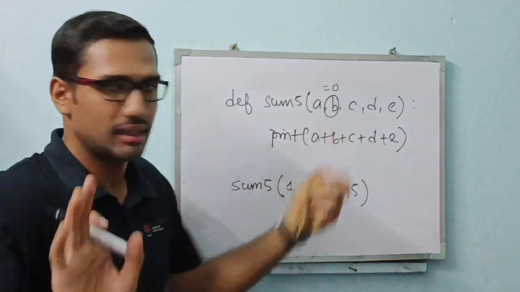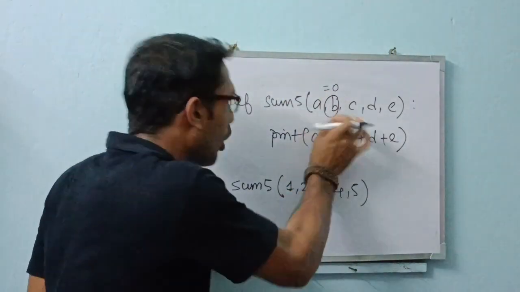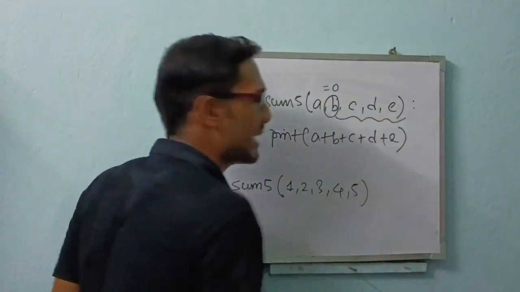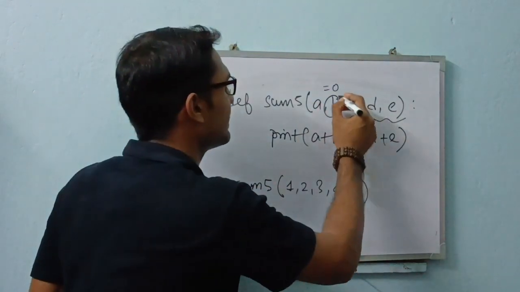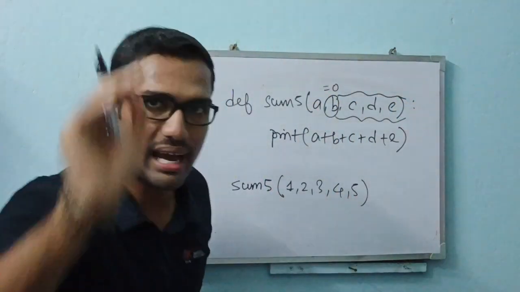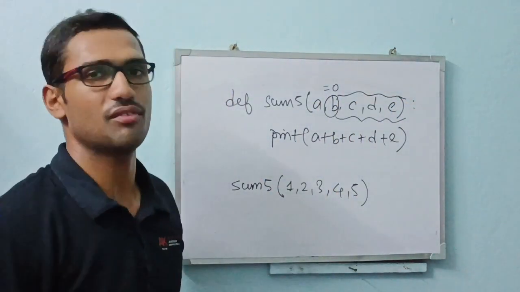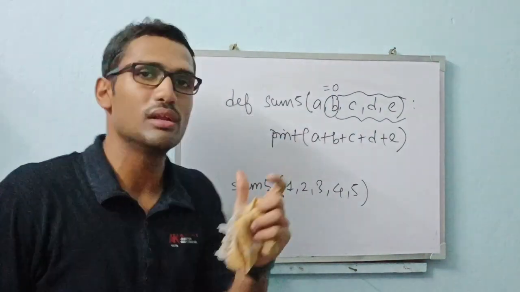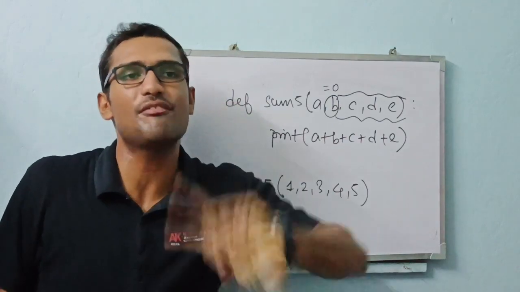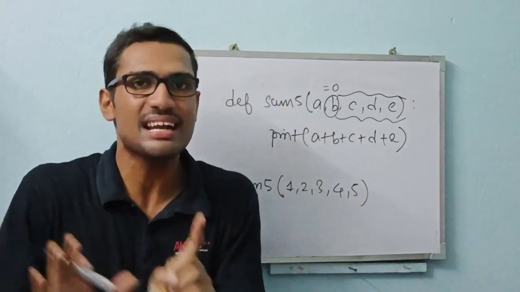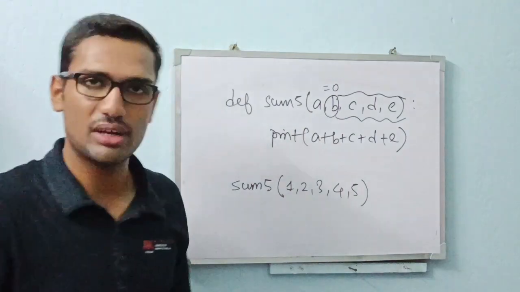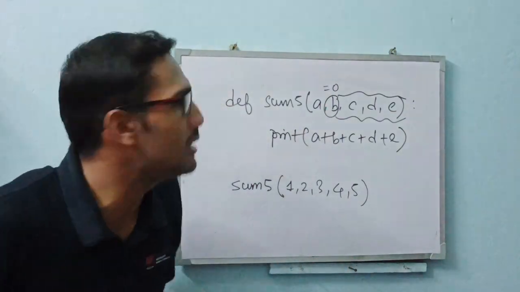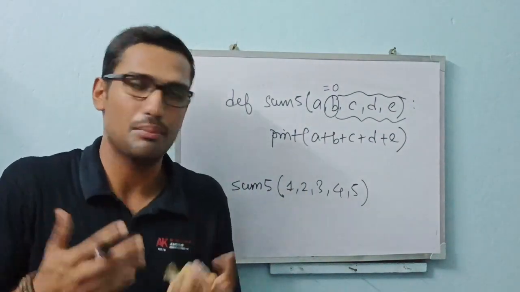Guys, try to listen: all the parameters appearing on its right must have a default value. I hope this is clear to you. That's the rule: a parameter cannot have a default value until and unless all the parameters on its right have a default value. And if we follow that rule, then we will be able to create a default parameter.